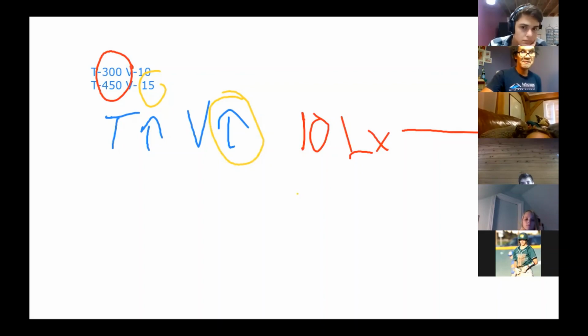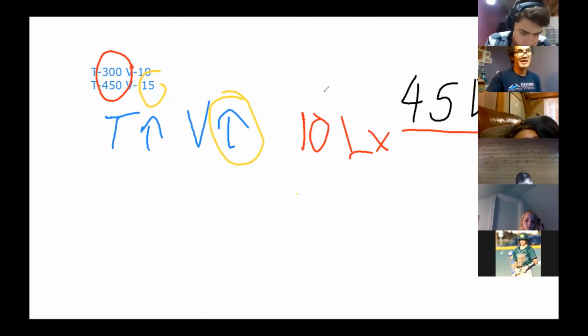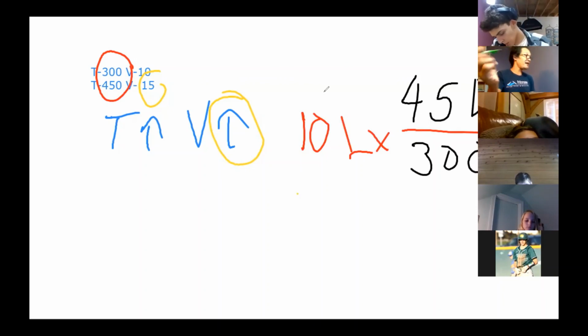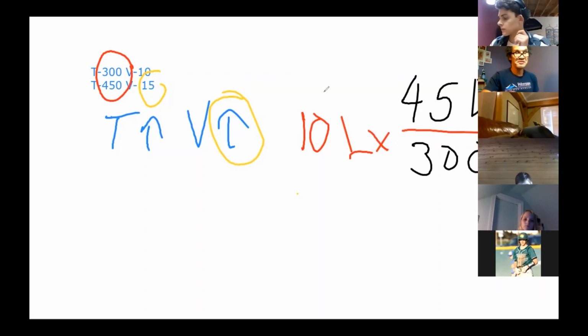But because the volume went up, I'm going to need to multiply it by the bigger number over the smaller number. So I'm going to put 450 on top and 300 on bottom, right? The reason I put 450 on top is because I need the volume to increase, right?